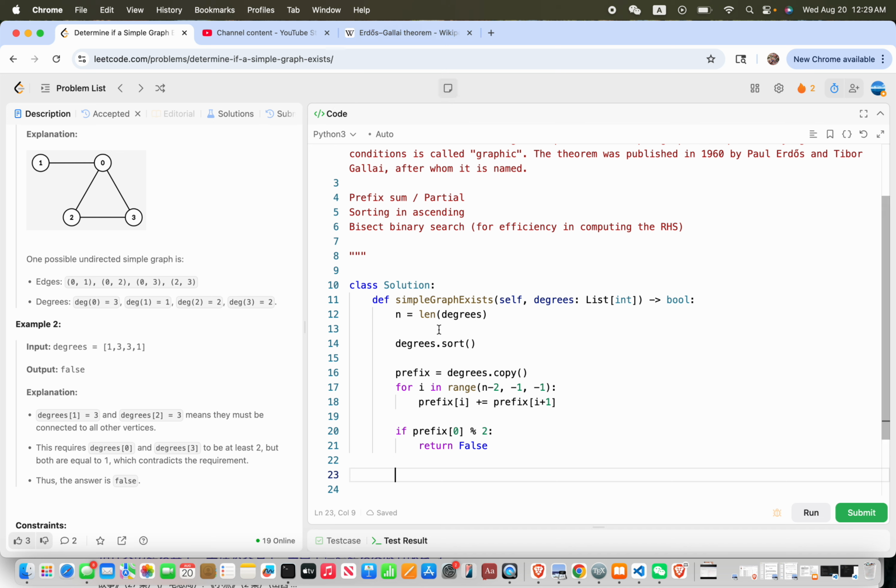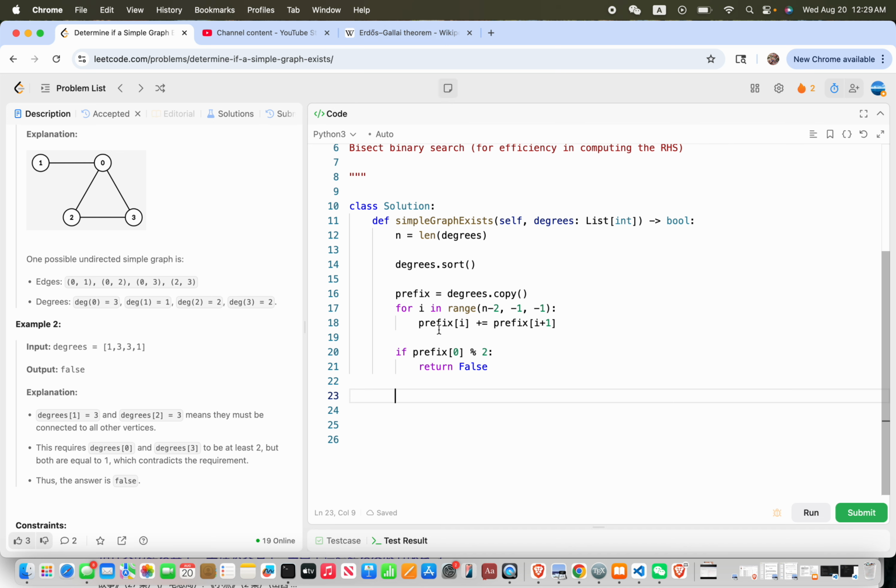Now we want to check the other conditions, the Erdos-Gallai inequality constraint.